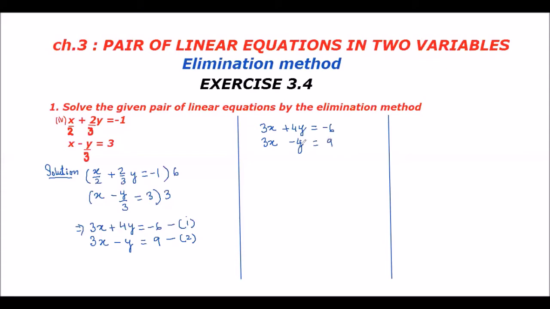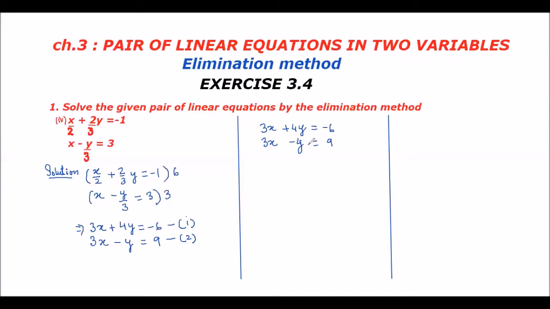If it is so, then that means you are able to eliminate that variable. Eliminate means you have to cancel that variable. Here it is clearly visible that the coefficient of x in the first equation and the coefficient of x in the second equation are both the same. So if it is the same, children, it will be very easy for us to eliminate.